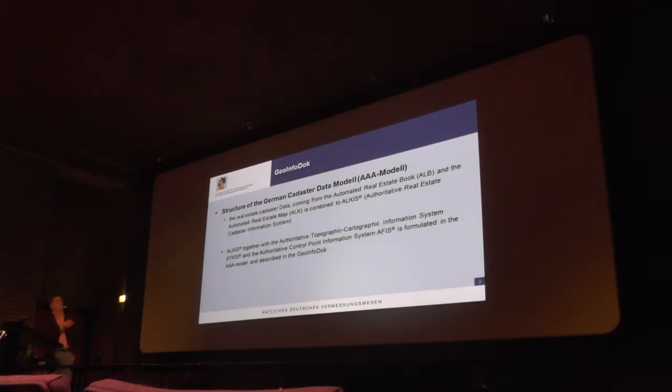The other two are the information from the topography, the authoritative topographic cartographic information system, ATKIS, and the control point information system, AFIS. All together they are combined in the GeoInfoDok and give the 3A model.